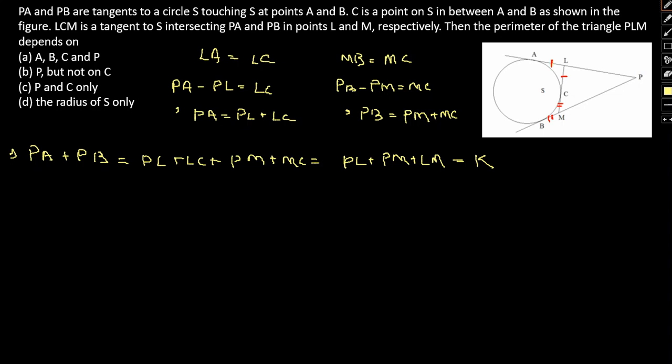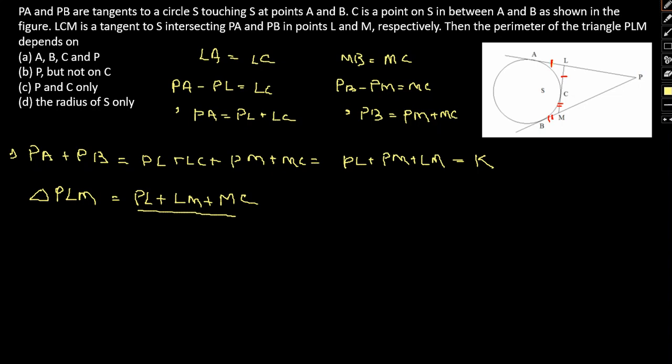So one thing we can see, of all the given options, is the dependency of the perimeter of the triangle PLM. The perimeter of PLM will be simply PL plus LM plus PM. This is the perimeter of the triangle.